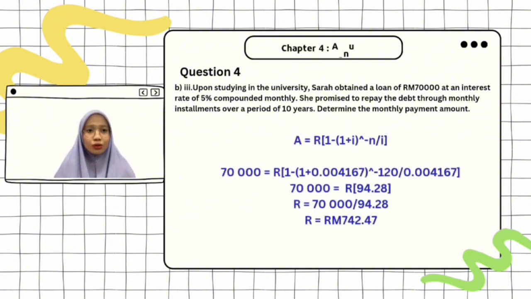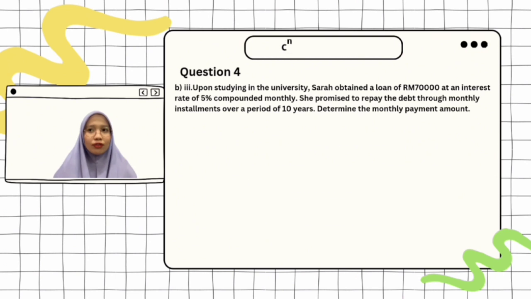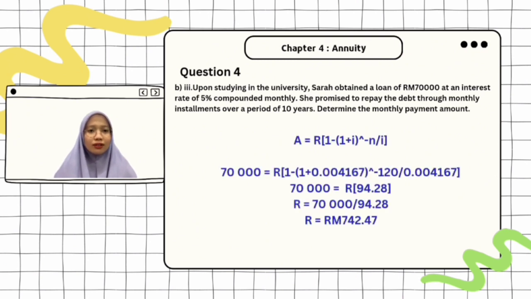So 17,000 ringgit equals R bracket 1 minus 1 plus 0.004167 to the power of negative 120, divided by 0.004167, which we get from 0.05 divided by 12 because the rate is 5% and the compounding is 12 times a year.